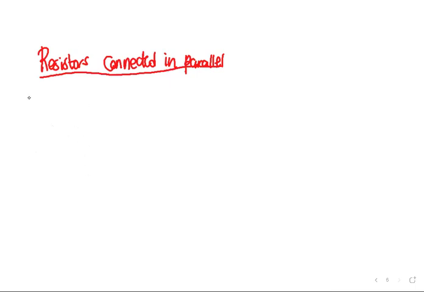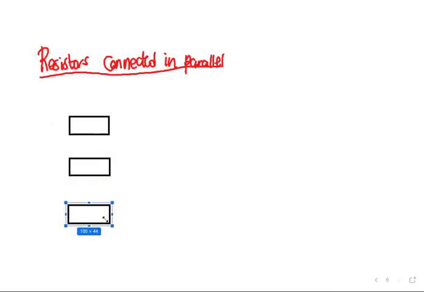So when you have resistors connected in parallel, it means to say parallel resistors, they're gonna be as follows. You can have one there, it doesn't matter how many they are. In most instances they are likely to be 3, but at the end of the day these are just resistors connected in parallel.